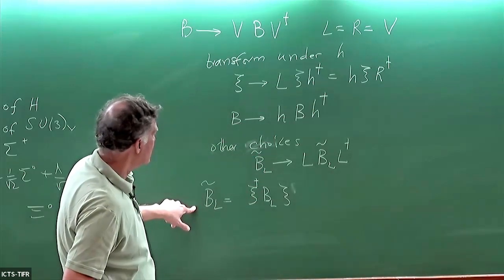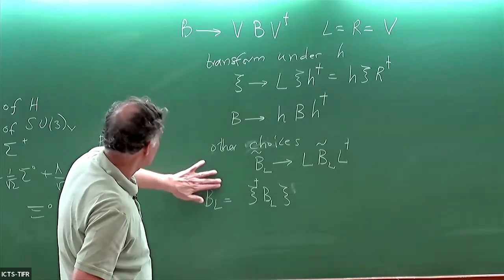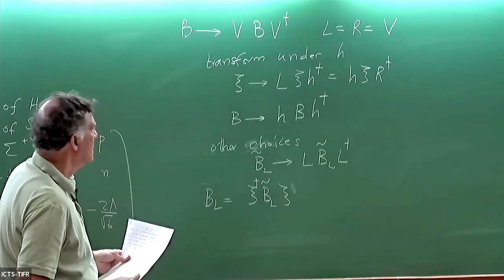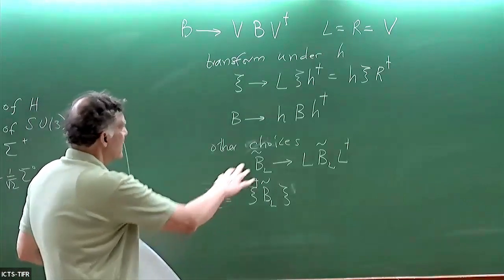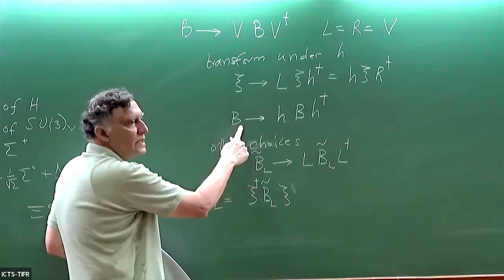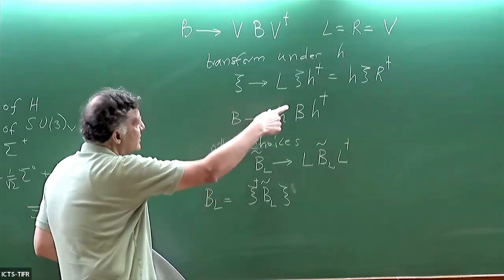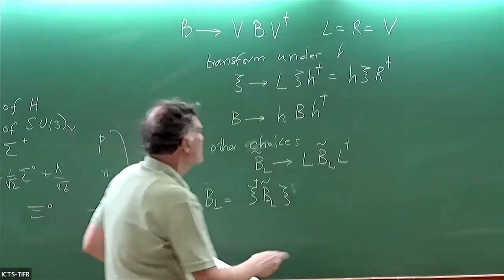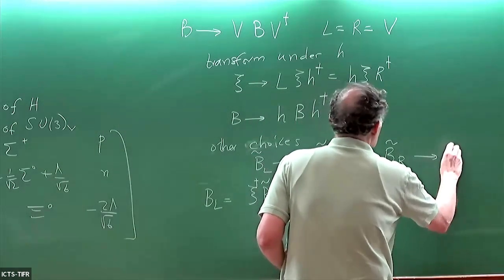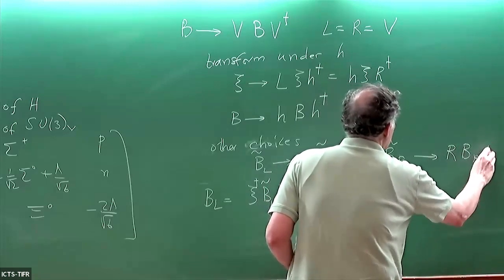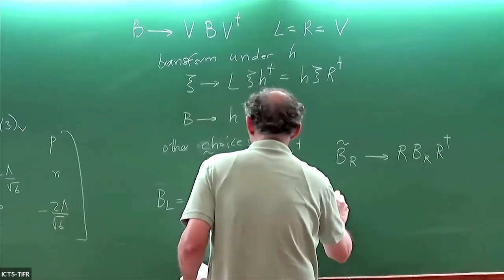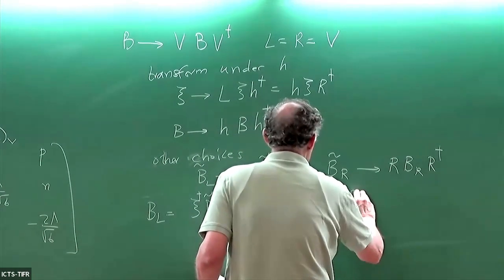I'm doing it backwards, am I? The twiddle is here. Yeah, the twiddle is here. So this is the connection between the B twiddle left and B, the left-handed part of B. And if you, let's say, said B twiddle right went to R, B twiddle right, R dagger, then the original B right field would be C, B twiddle right.